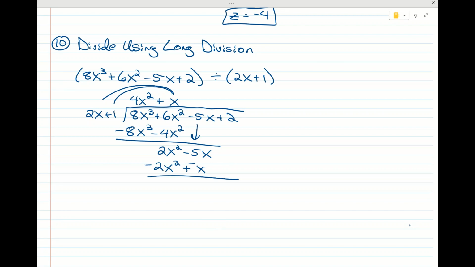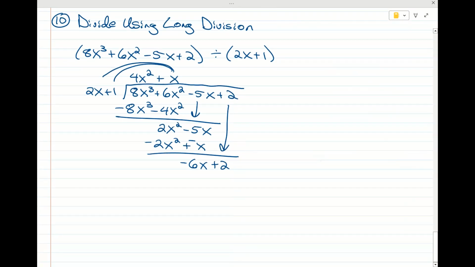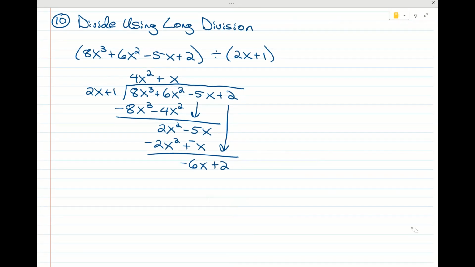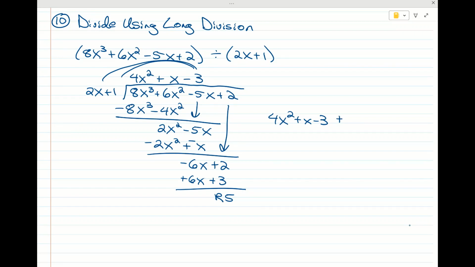Changing those signs, we get negative 6x plus 2. And then starting this process over again, 2x times negative 3 gives us negative 6x minus 3, and changing those signs, we get a remainder of 5. So our final answer would be 4x squared plus x minus 3, plus the remainder divided by 2x plus 1.